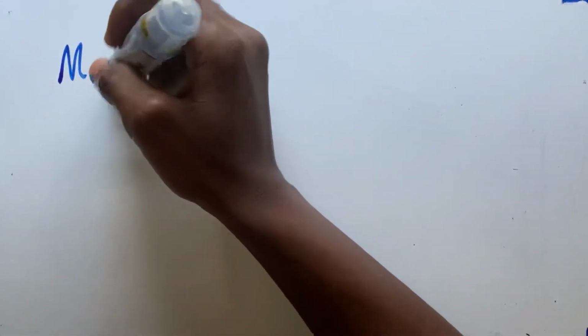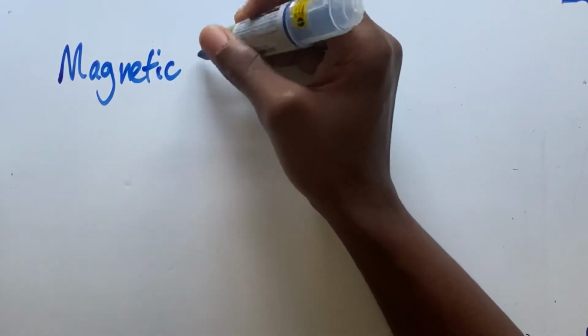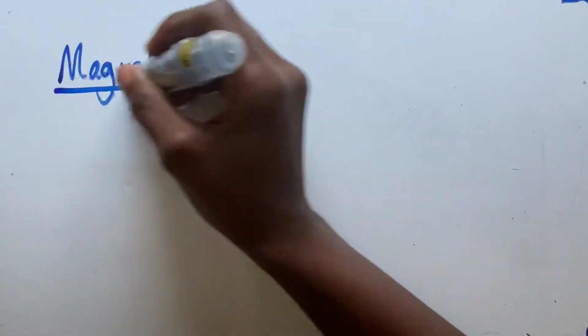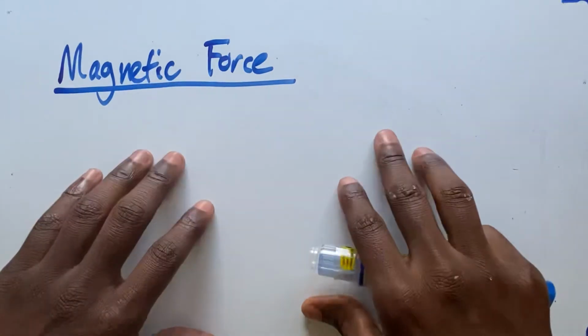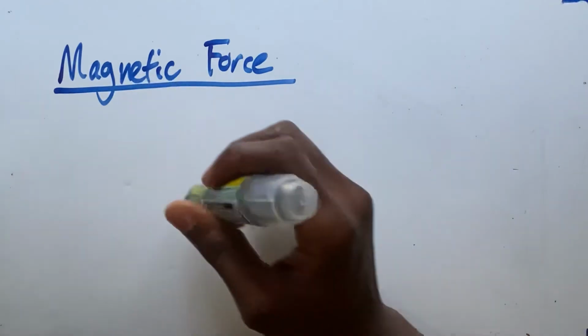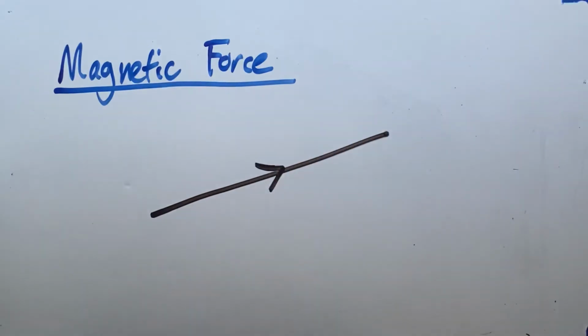So let me go back to the magnetic force now. As I just said, magnetic fields are produced by moving charges. So now let's say we have a charged object, say that wire, a moving charge, with some current that way.